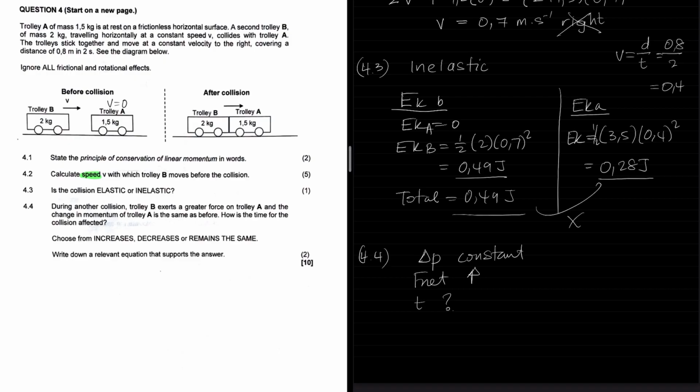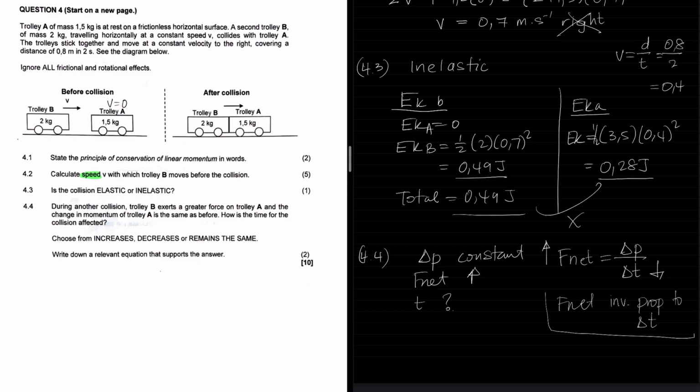So for this one, we can use the formula F net is equal to delta P divided by delta t. So if F net increased, the time would have decreased, because F net is inversely proportional to time.